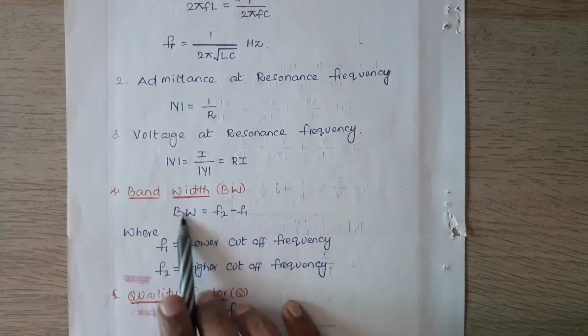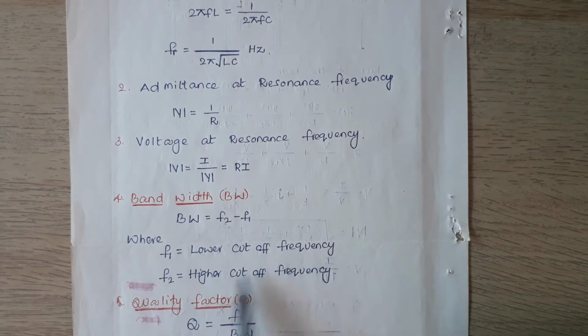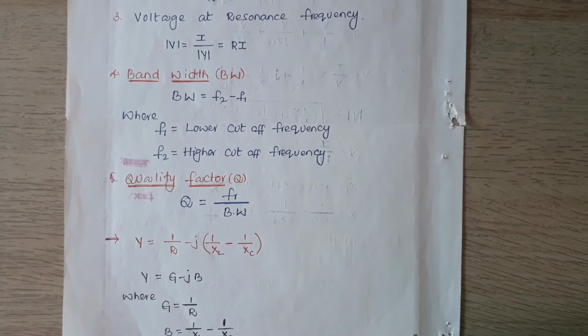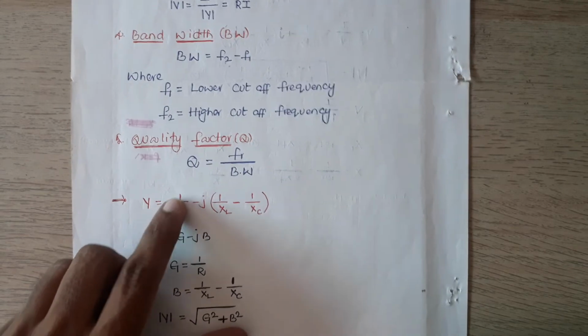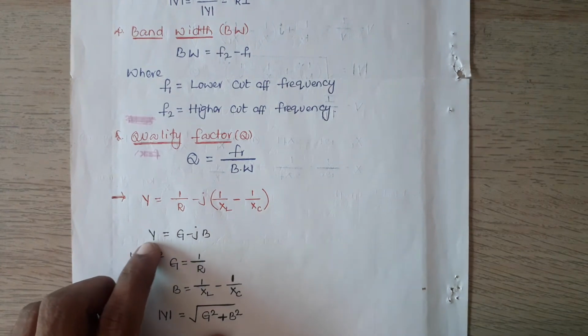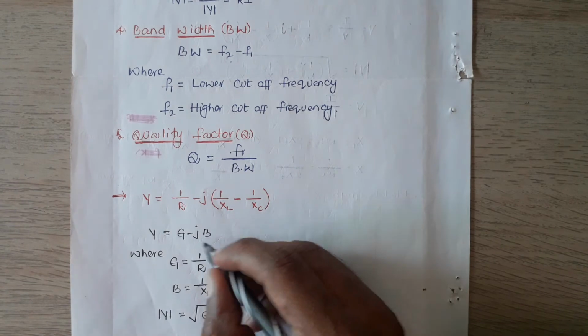Bandwidth equals f2 minus f1, where f1 is the lower cutoff frequency and f2 is the higher cutoff frequency. One expression for the quality factor at resonance is the ratio of resonance frequency to the bandwidth. Here admittance equals 1 by R minus j (1 by XL minus 1 by XC). So we have admittance Y equals G minus jB and make this B 0.